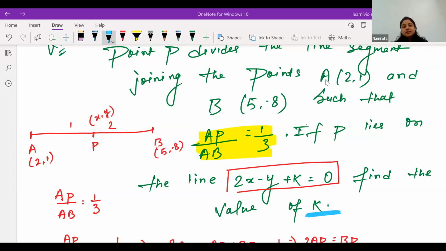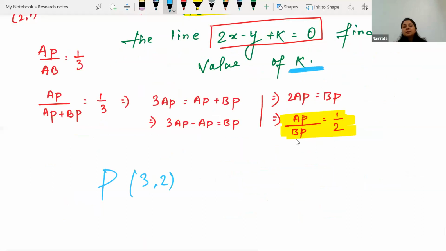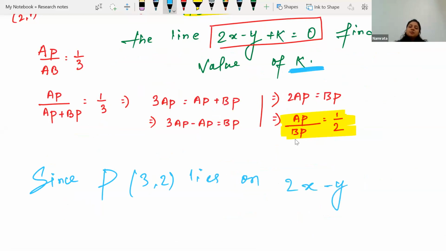Yes, ma'am. Exactly. You know P lies on this line and the coordinate of P is 3, comma 2. So X coordinate is 3, Y coordinate is 2. Once we substitute the values over here, we will end up getting the value of K. So we will say since P lies on 2x minus y plus k is equals to 0, this point will satisfy this equation.